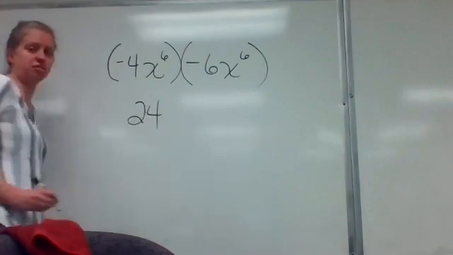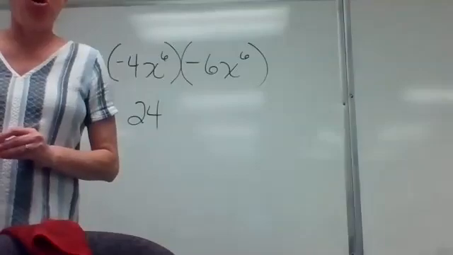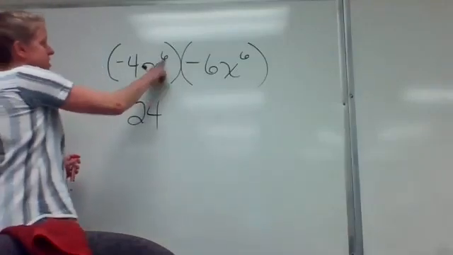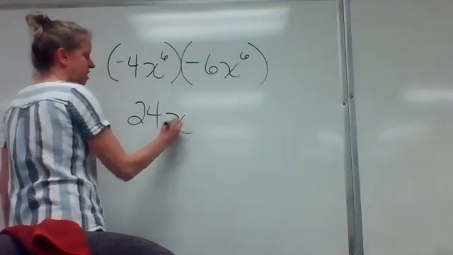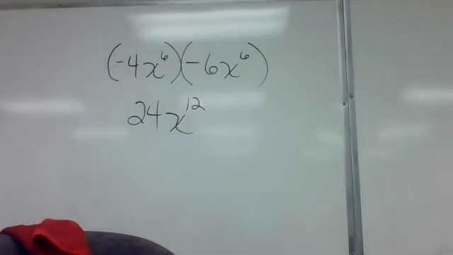That gives me positive 24, right? Because you have a negative times a negative. Multiplying your x's. X to the 6th times x to the 6th will give me x to the 12th when I add their exponents.